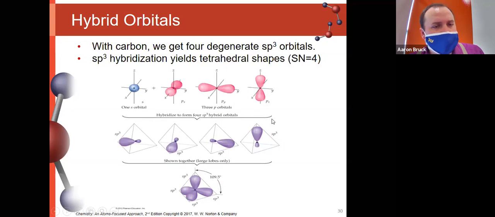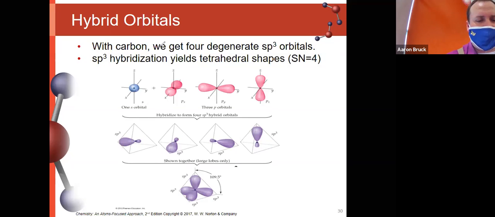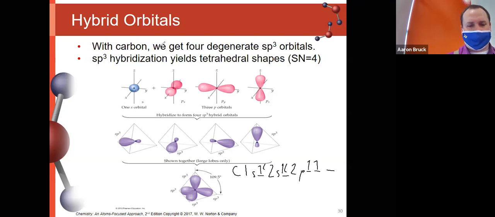All right, let's go one step further. Carbon. If you recall carbon's electron configuration, 1s2, 2s2, 2p2.